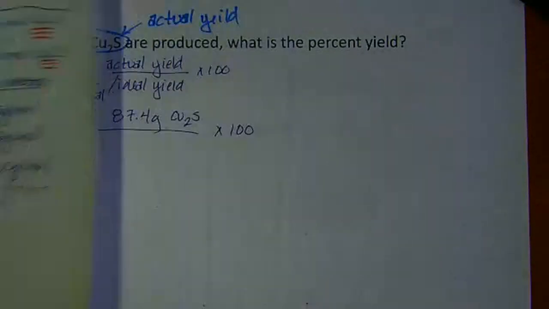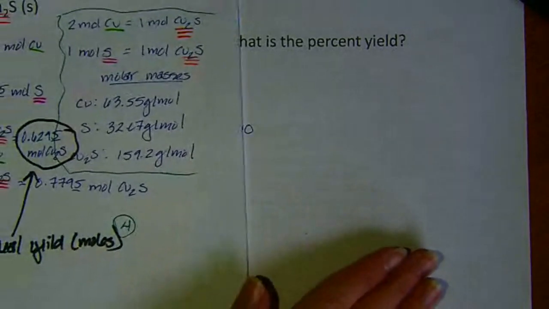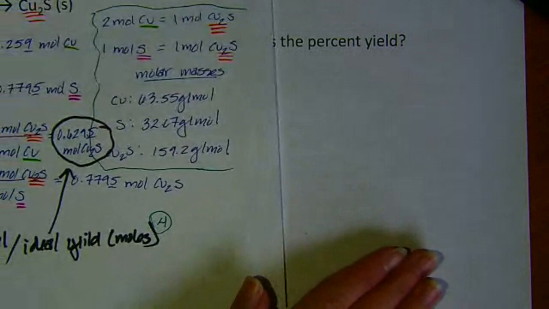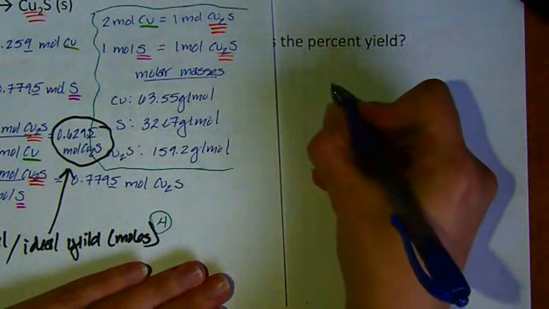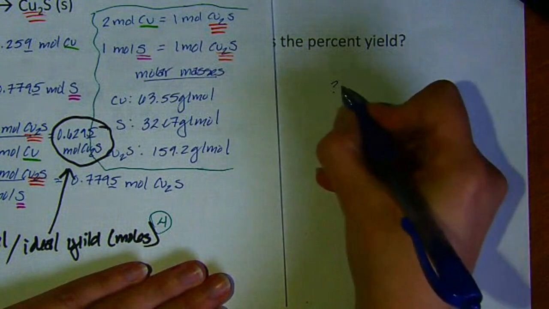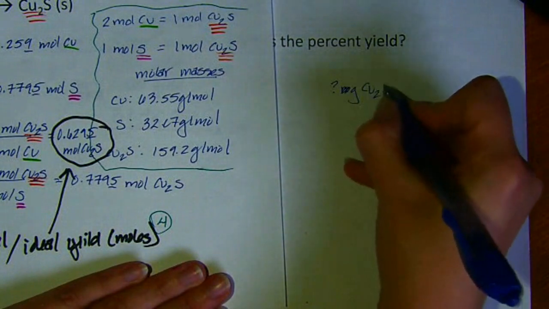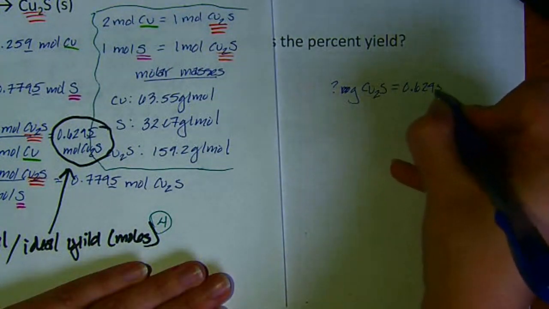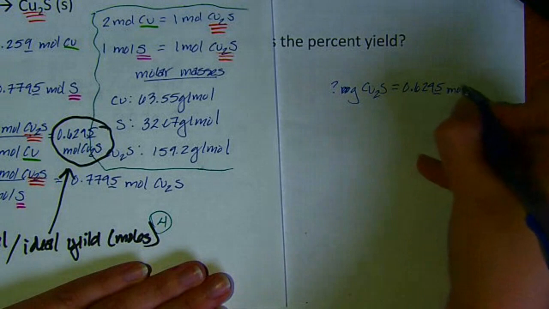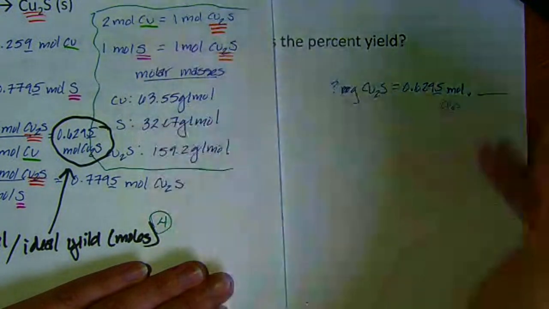So on this next page, off to the side, we're just going to figure out how many grams of copper sulfide that 0.6295 moles of copper sulfide is with our molar mass.